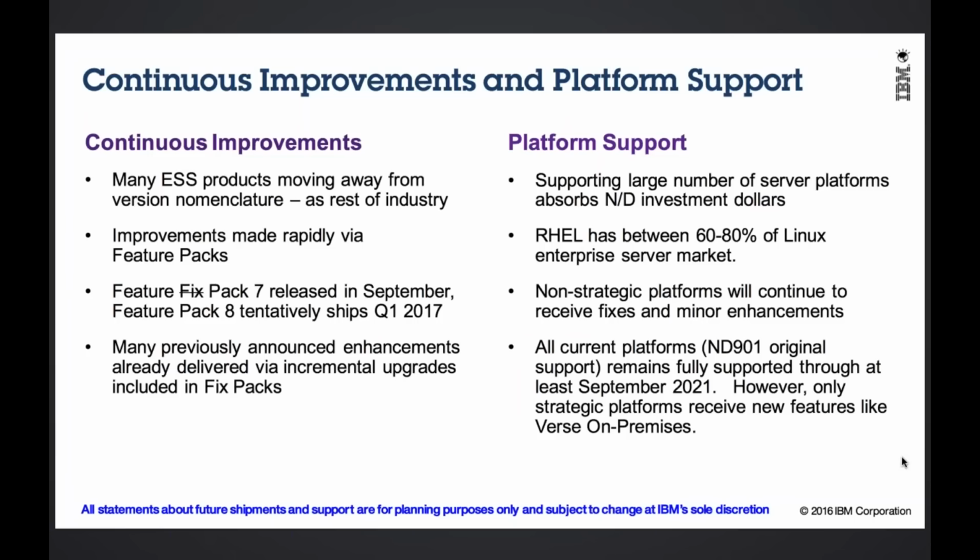We'll probably look to drop WinXP on the client side and do some updates also with the Mac OSs that we support. So look for some changes in Feature Pack 8, and once we have those locked down, we'll start to announce those at conferences and publicly. We're still working on that internally to get approval. So next slide, please.